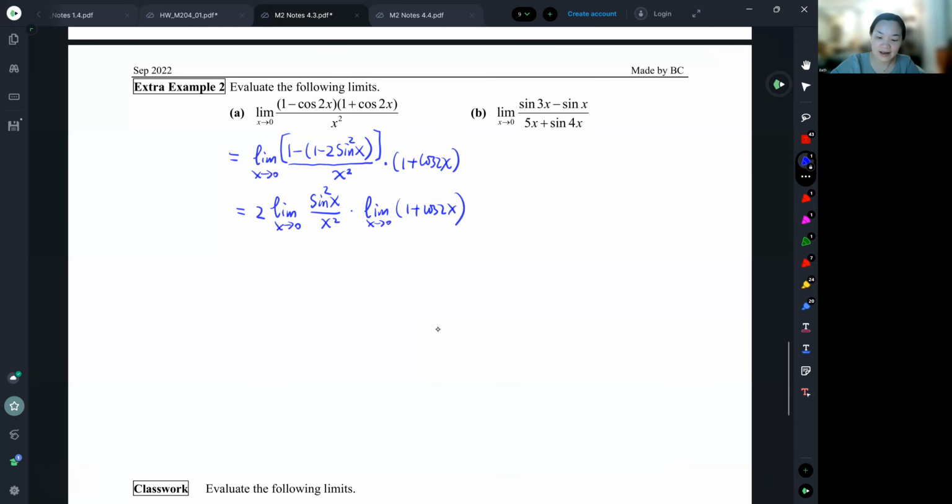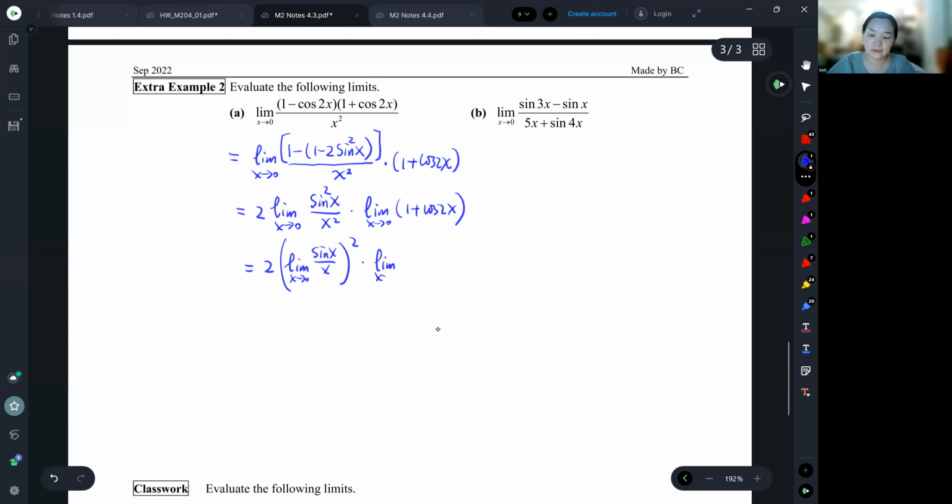Just leave it there. And then you will have 2 sine x over x, the special limit, and then squared. You see, the limit of the square is the square of the limit, and then this. Okay, and then I'll put it in.